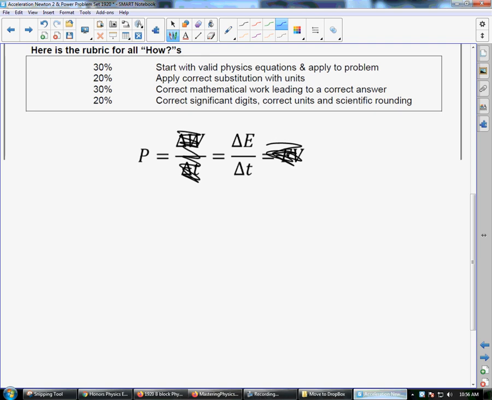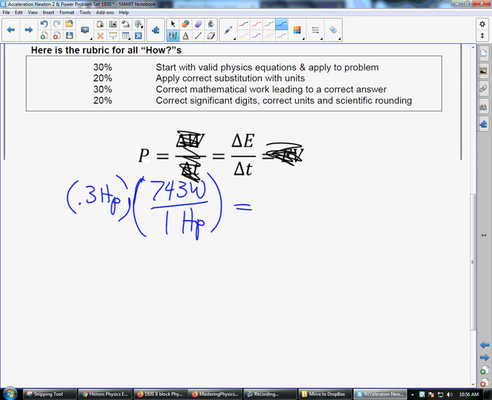So my power, 0.3 horsepower times 746 watts per horsepower, right? Doing that little picket fence stuff that you guys all remember from chemistry, right?